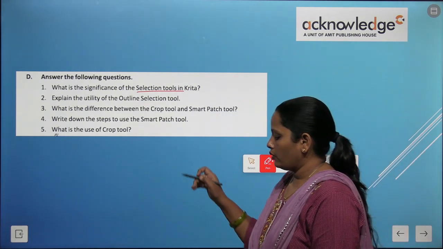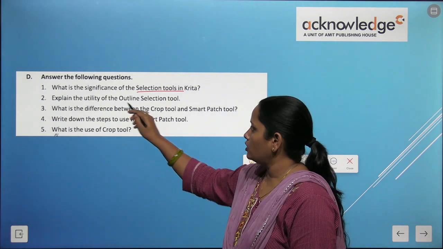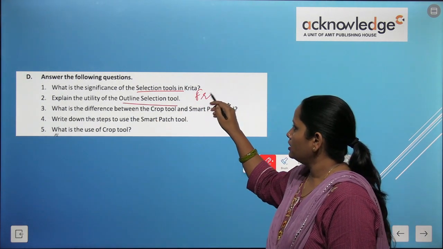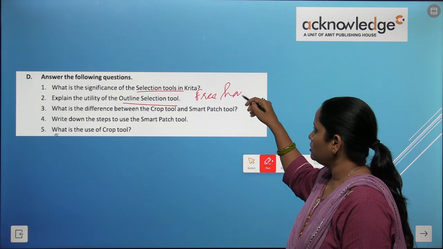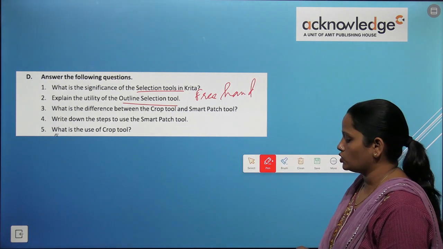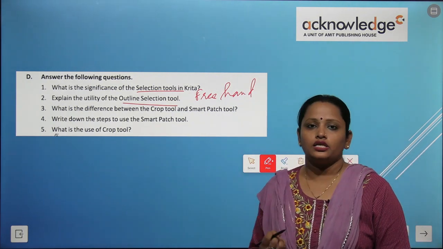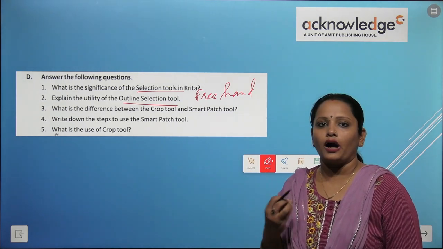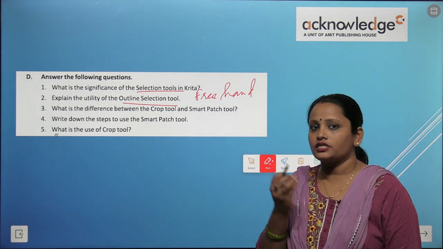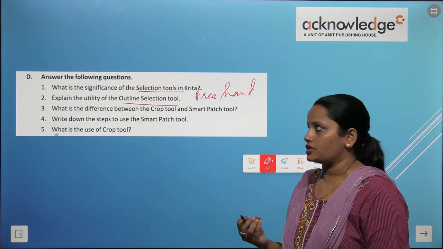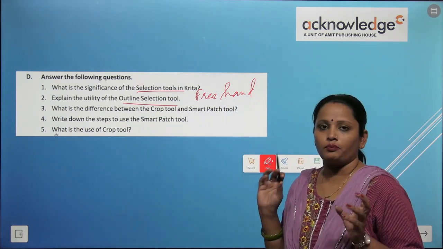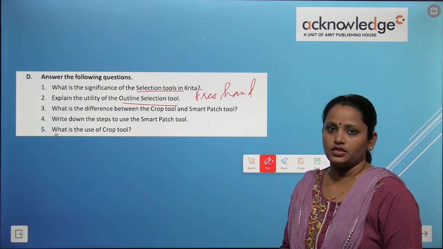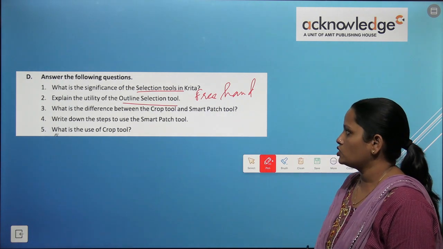So the outline selection tool is a freehand selection tool, and with this we can easily select the part of the area that has curves or edges. So these type of pictures can be selected by using this outline selection tool.